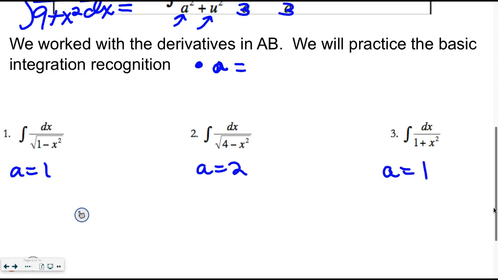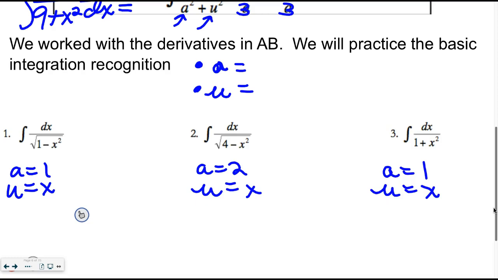We'll do 3 real easy ones here first. Then you need to identify U, something that's being squared. U is x, U is x. That's the best case scenario. When U is an x, there's a little twist to it. And then you have to make sure that you generate, and this is the most important part, dx.